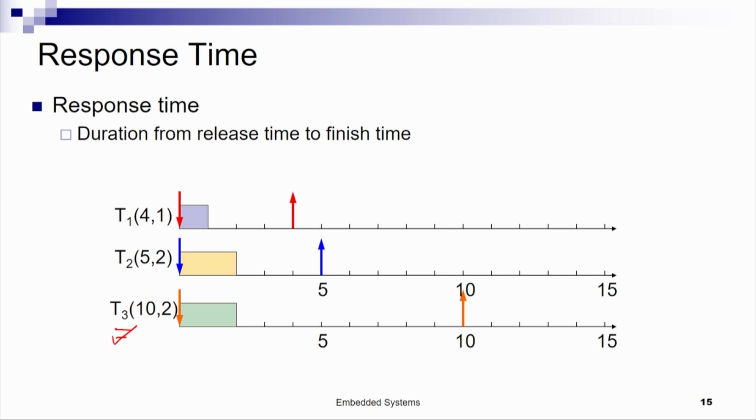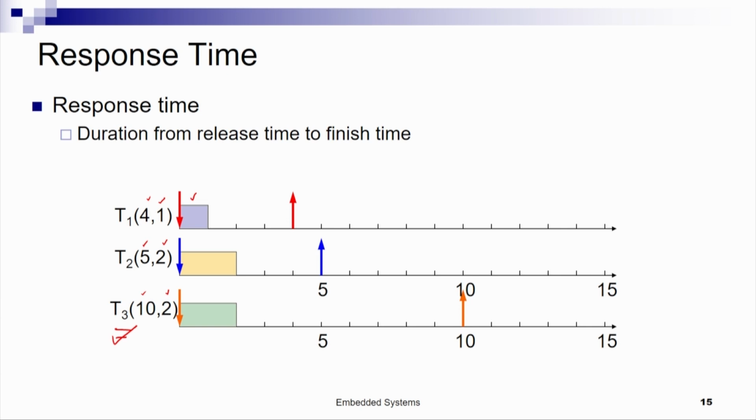If you see the order of executions, T1 has the highest priority because it has the shortest period; its execution time is 1, period 4. T2 has an execution time of 2, period 5. T3 has an execution time of 2, period 10. So, the highest priority is T1 because it has the shortest period, so it will get a chance to execute first.